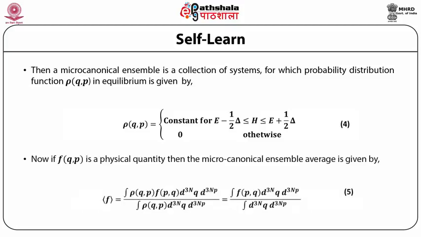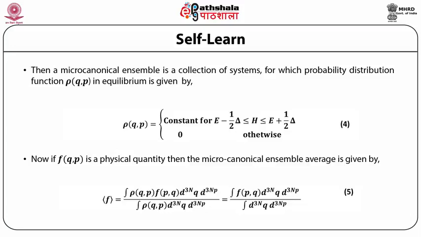Now, if f as a function of q, p is a physical quantity, then the microcanonical ensemble average is given by the integral of rho(q,p) multiplied by f(q,p) over the whole phase space, divided by the integral of rho(q,p) over the whole phase space.